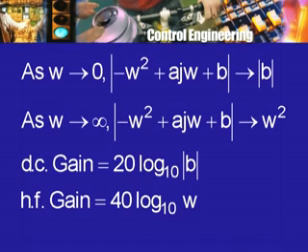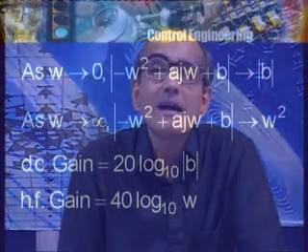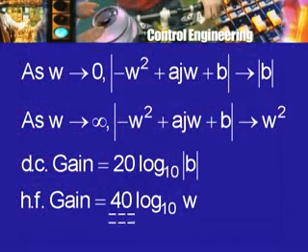So, that gives us an approximation which is 40 log to the base 10 of omega, and therefore, on the semi-logarithmic scale, that is the omega axis marked logarithmically, we get a line with slope 40 dB per decade. The slope is positive if we have a pair of zeros, and the slope is negative if we have a pair of poles. So, the low frequency asymptote and the high frequency asymptote are quite simple.